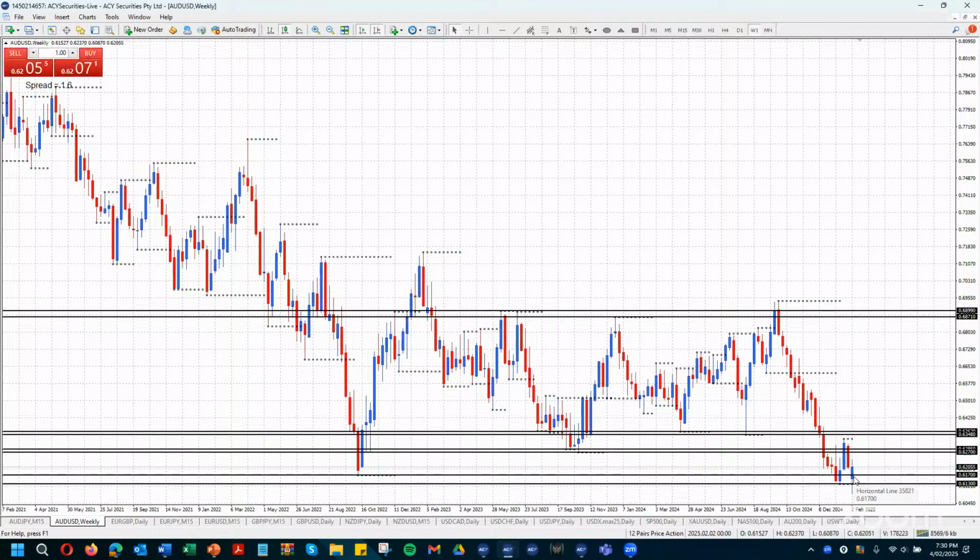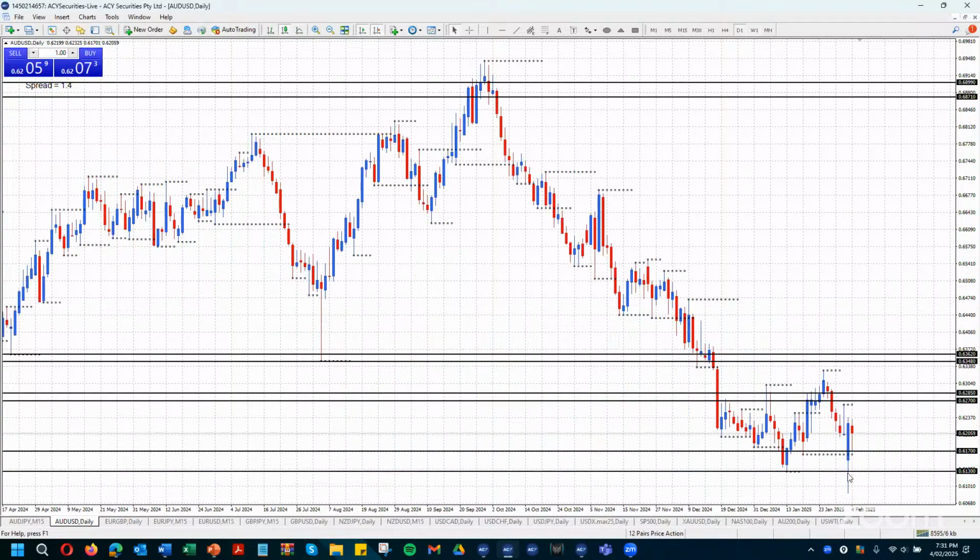False breaking a major low could mean that we're going to completely false break it and move back up the range. You can see the massive rejection yesterday, reversal, and see how we came down to 61.70 again. Did the same thing when we false broke it here and came back above.